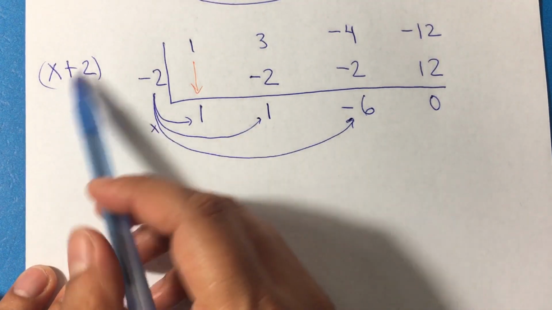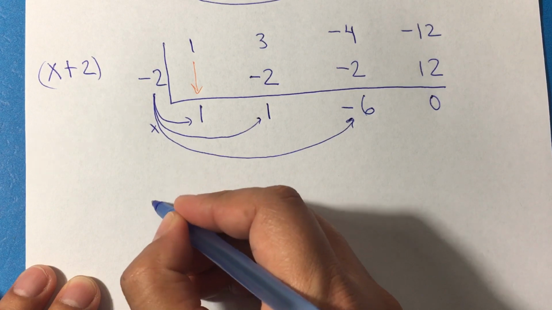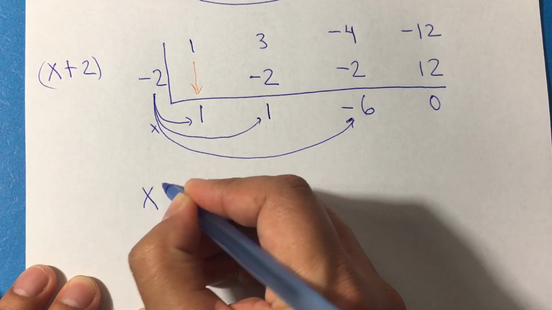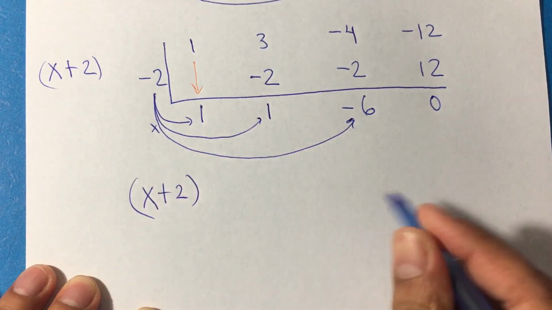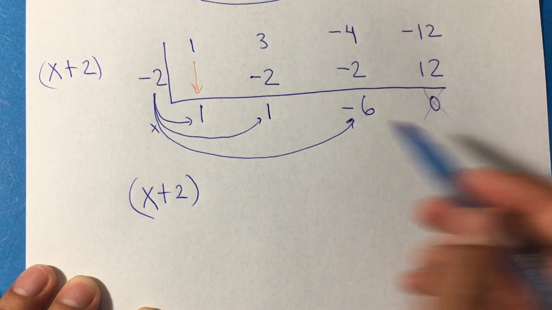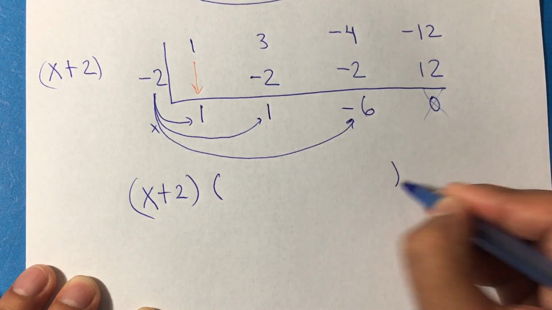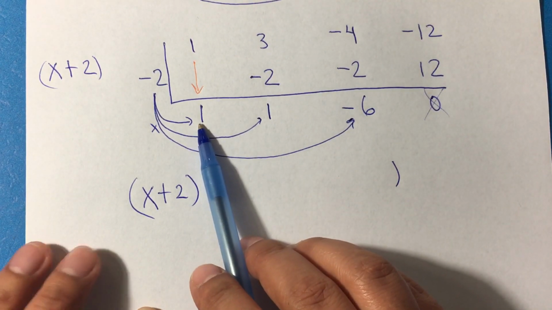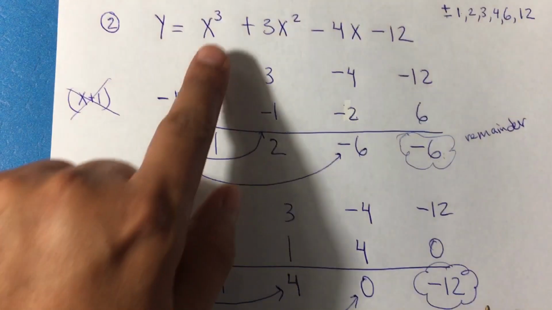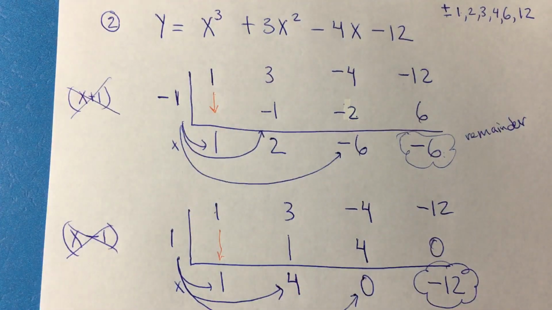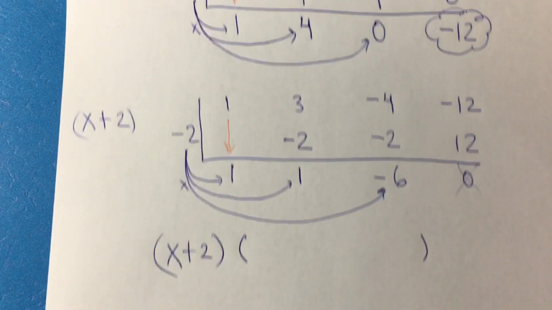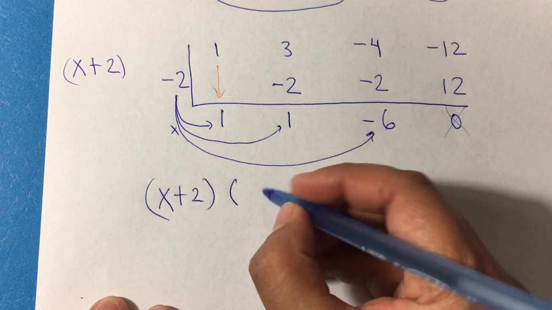Okay, so now that we found this one, we just write that as one of the factors, x plus 2. This means that we're going to get the next factor. If the first degree was 3, now it's going to be the second power.